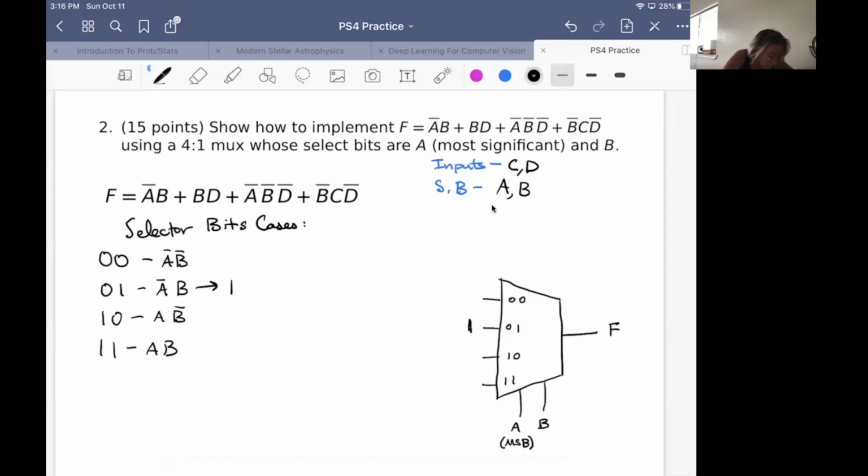By examining the minterm, I know that I'm going to get a 1 at this mux input if D is equal to 1, and it'll be a 0 if D is equal to 0. So based off of these cases, I can tell that the value at mux input 3 is just going to be the value of D. So I can draw that over here.